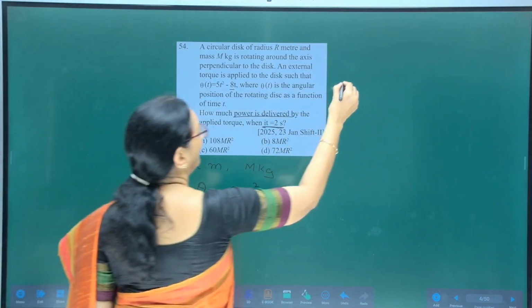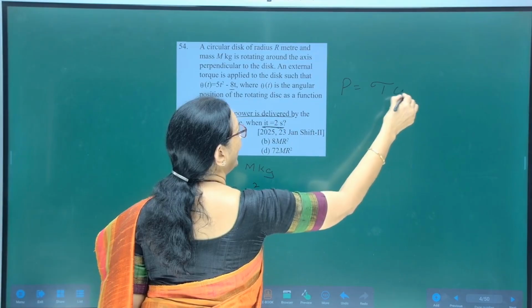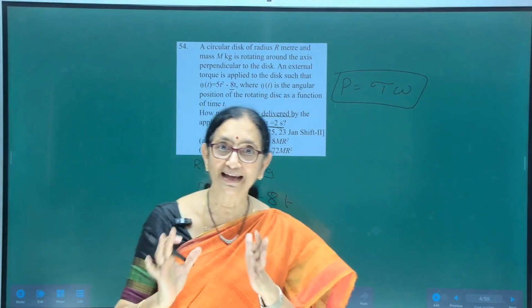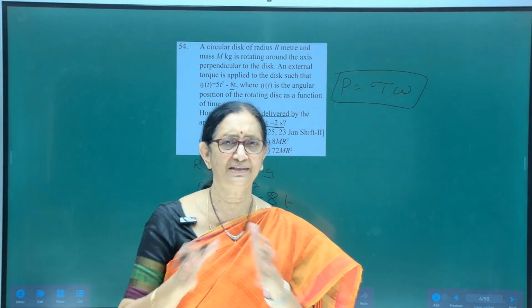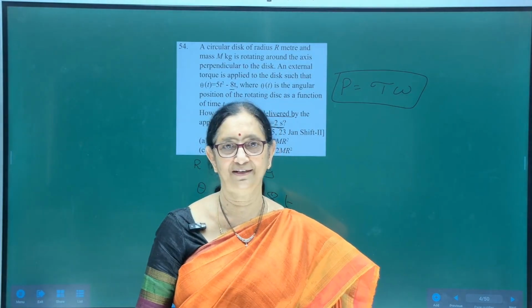We know power delivered is equal to tau omega, where we move parallel, we do the problems just as we have done the problems in translatory motion.